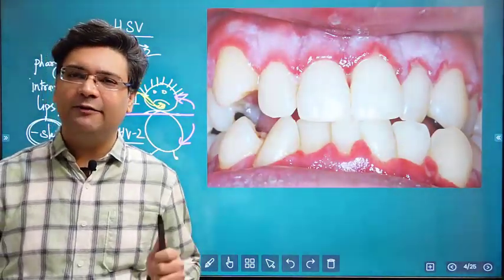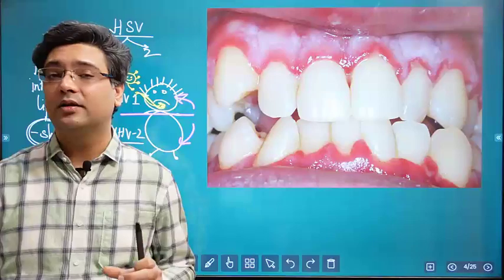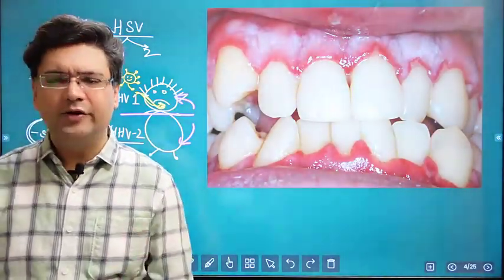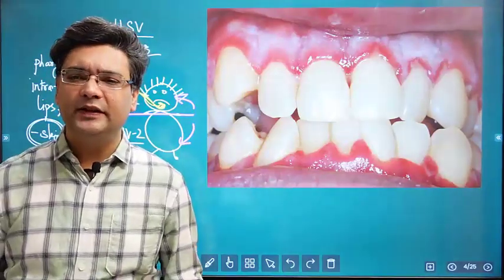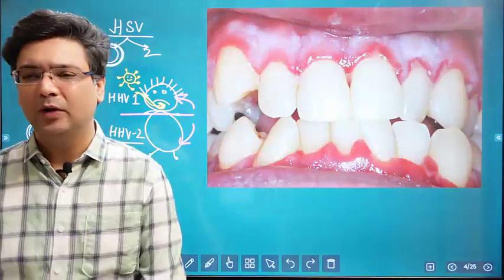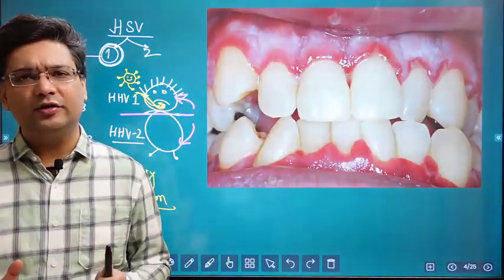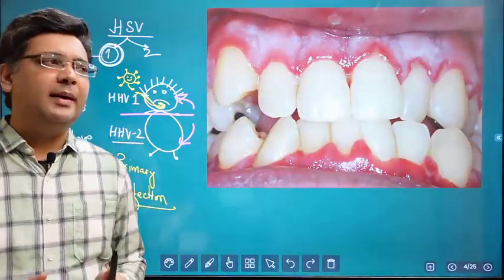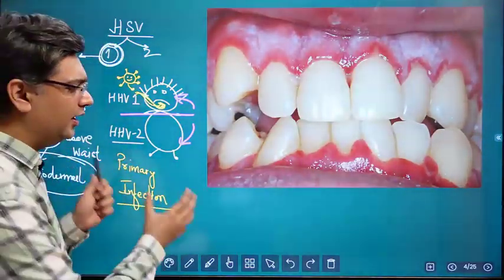So generally the first exposure to the virus occurs at a young age, and this is seen in children. These children are most of the time asymptomatic. This generally does not cause any severe disease, and what happens is the virus generally is taken up the nerves.